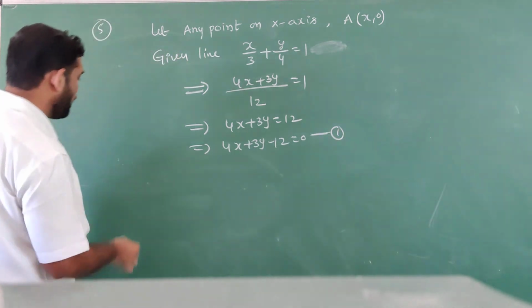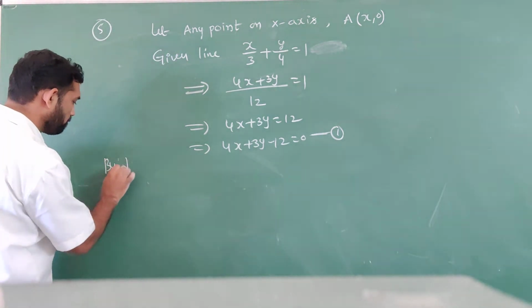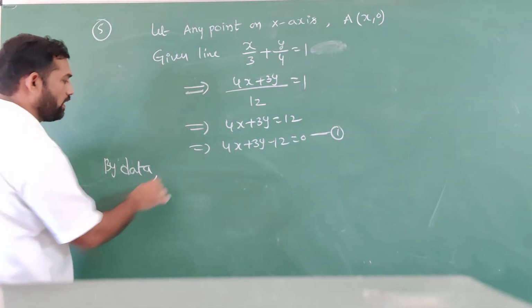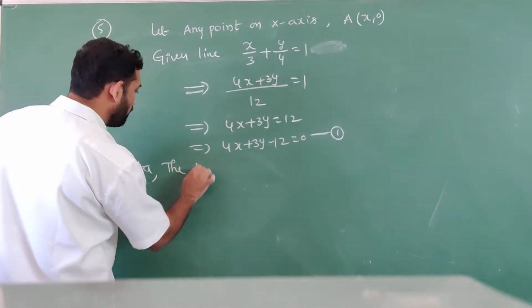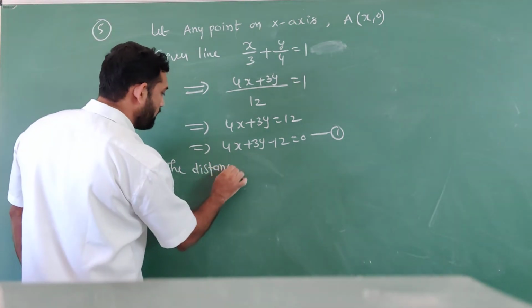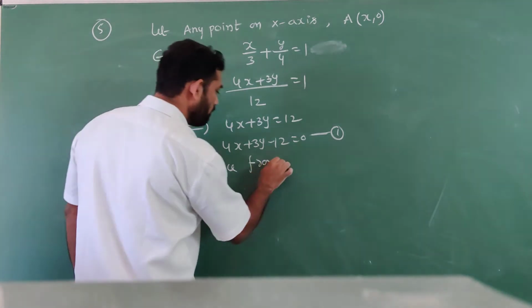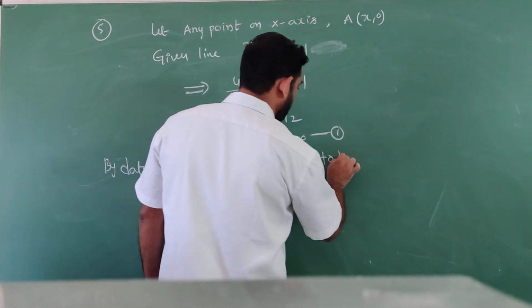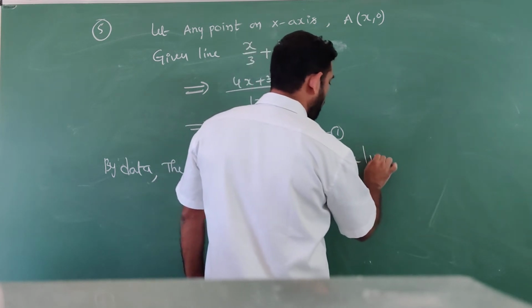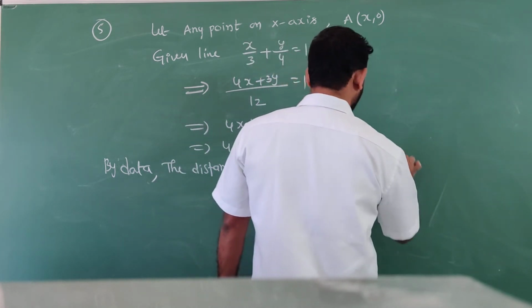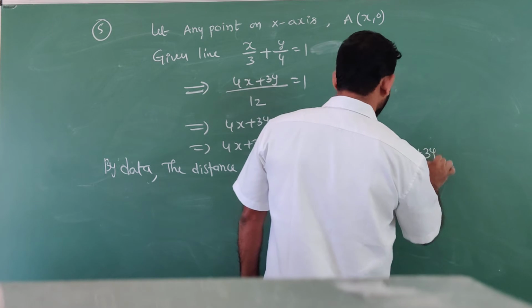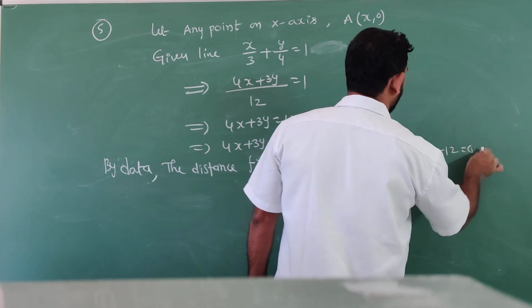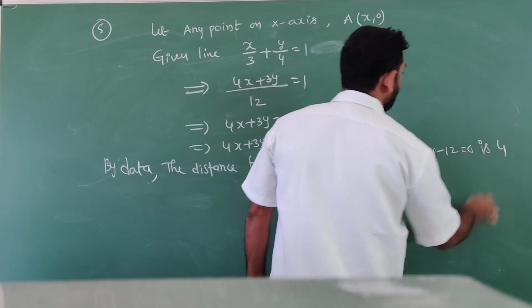What is given data? The distance from (x, 0) to the line 4x + 3y - 12 = 0 is 4 units.